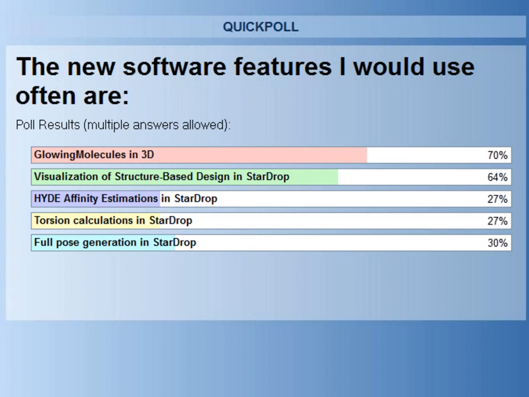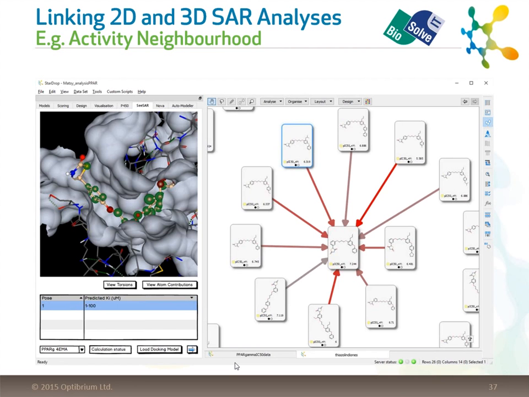Visualization of structure-based design in StarDrop, equally up there. And then roughly 30% for torsions in StarDrop and full pose generation in StarDrop. That's very interesting. Thank you so much for this feedback. I'm closing this, and in the interest of time, maybe we jump to the Q&A session here.